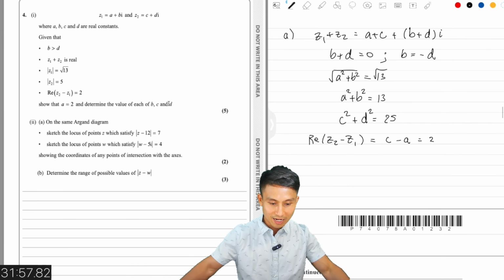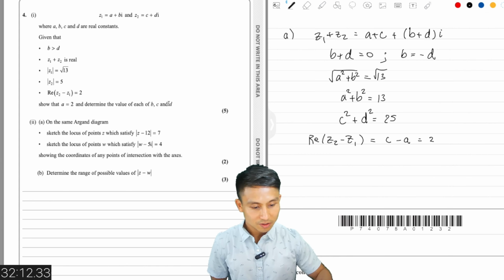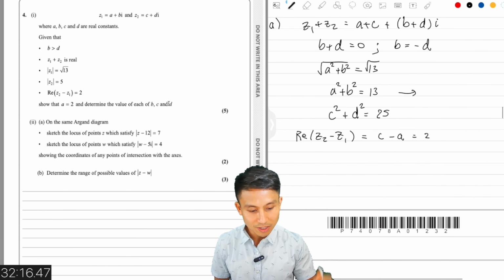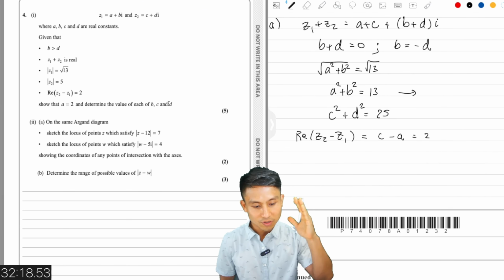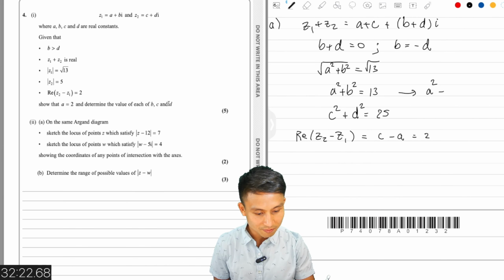So we are showing that A equals 2. Let me analyze what we have here. B equals minus D. Okay, I think I see it. I see a connection between C and D. That's the way I would go with it. So this is A squared plus D squared.